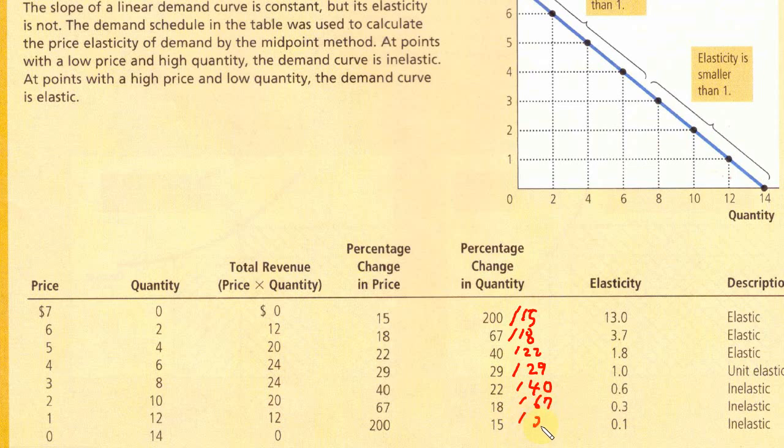Here, 200. Then this is more than 1, more than 1, more than 1. This is unit elastic, the same. The ratio of change in price and demand is the same, right? This is below 1, right? Then this is inelastic. Also this is inelastic, and this is inelastic.